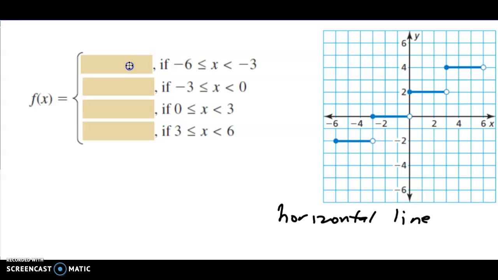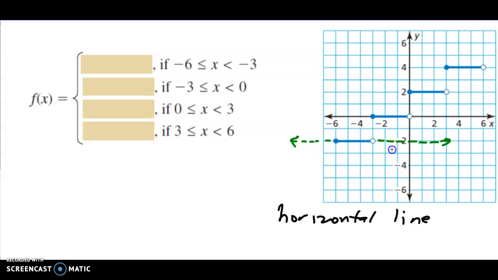So for the first one, from -6 to -3, what is your y-intercept? Or, what is the expression representing the line? You can think of each portion of your graph as a subset of the line that has a y-intercept equal to -2.